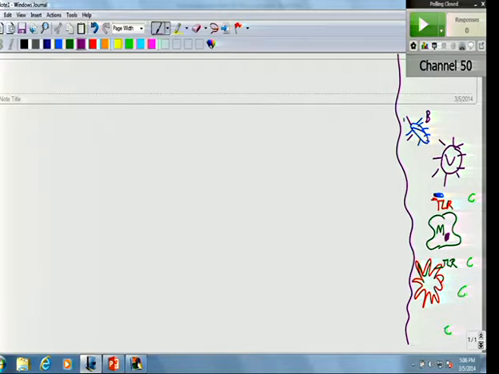Then the complement, which is floating around here, what is the complement going to do first? Which complement pathway is going to be activated? The alternate pathway. Which complement component would recognize the microbe? The C3. The C3, which is spontaneously generated, will go and stick to the surface.